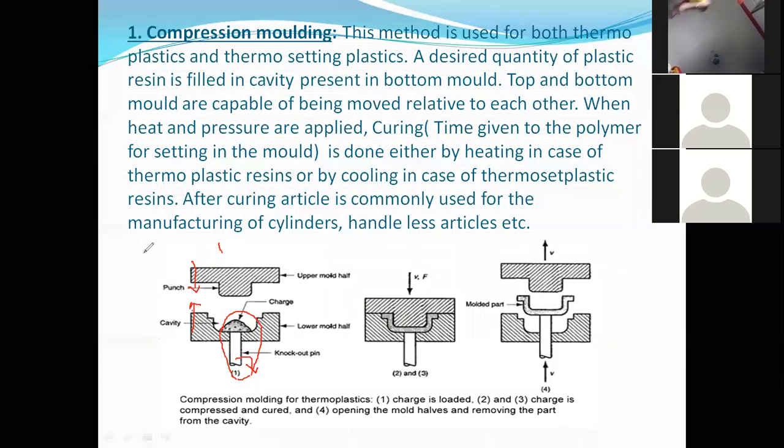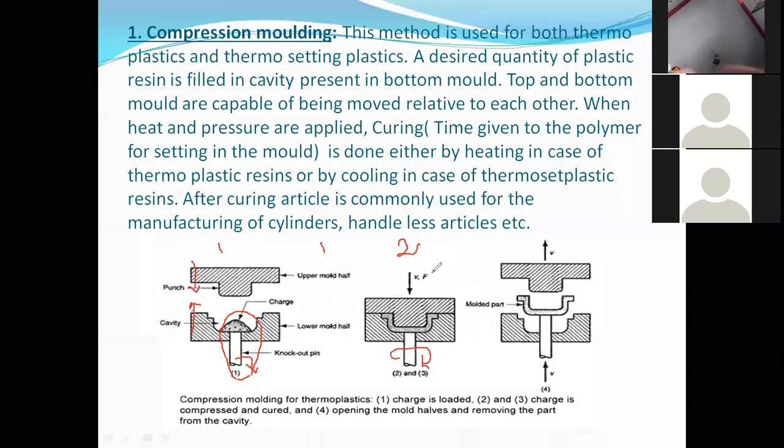Next, what is the compression process? Step by step. In the second step, we are applying the compression process. The compression process is nothing but using the ejector pin. When the ejector pin is rotated, then what will happen?